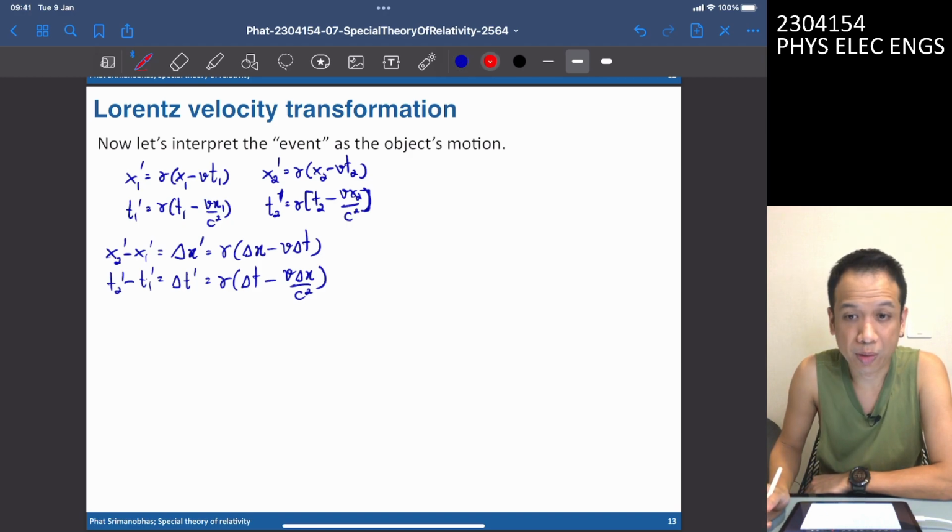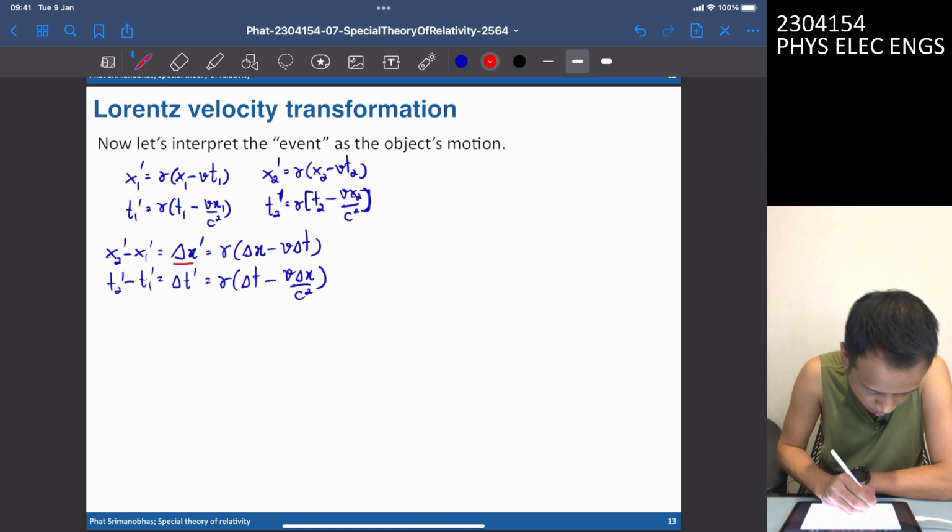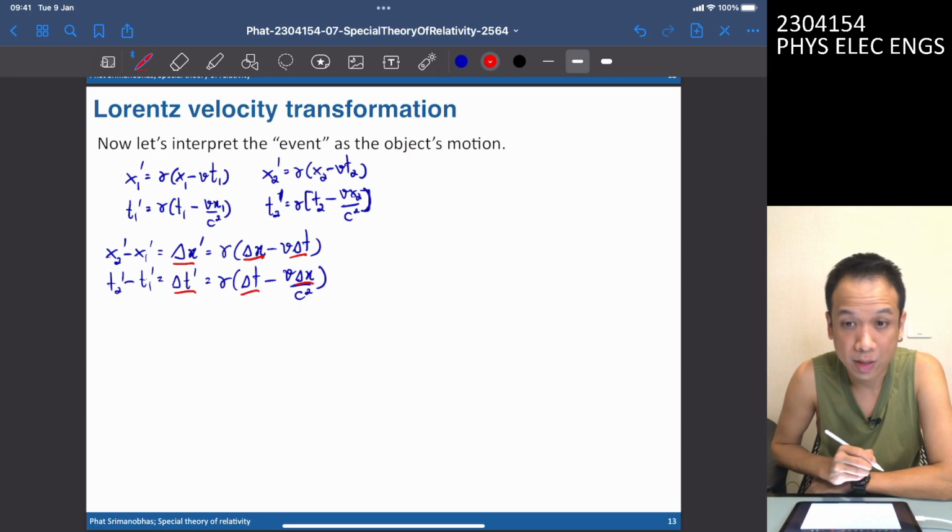Why is this thing special? Because you see that this is basically the Lorentz transformation, but for the pair of the events.